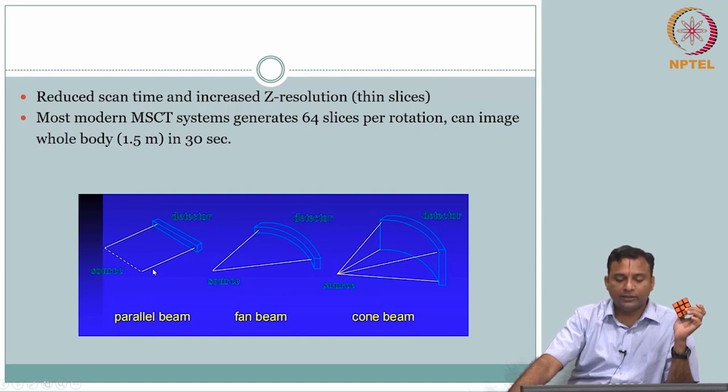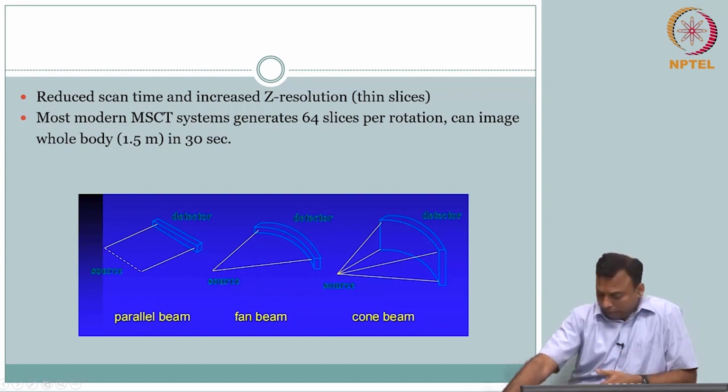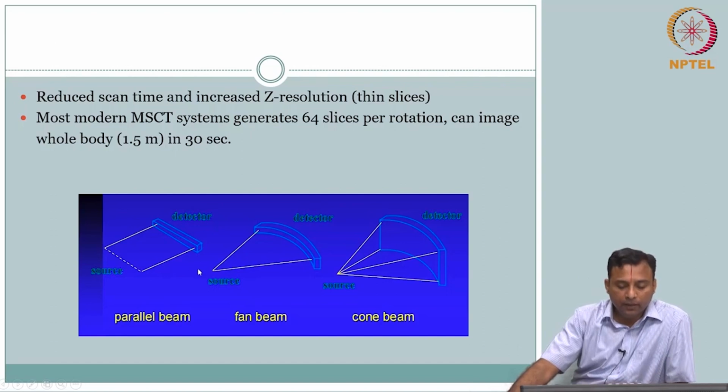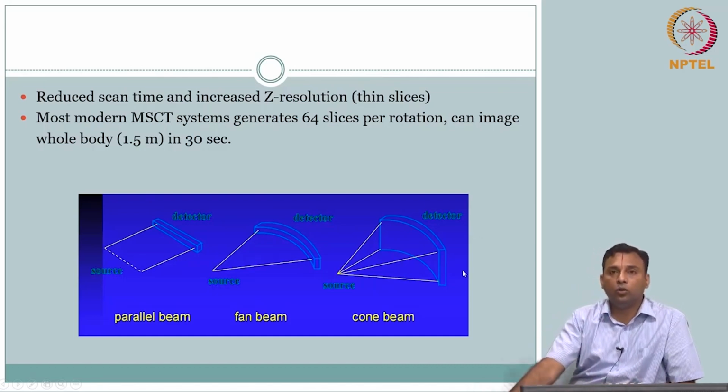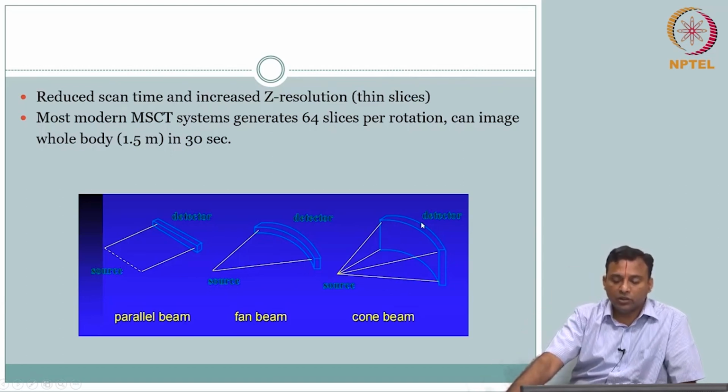These are the different geometries that we have talked about so far. Source, you get this line, first generation. Then we talked about fan beam. This is called your cone beam when you did the 2D, you had your detector array stacked, volumetric. So this is your cone beam. Now the question is, we got the data in this format.